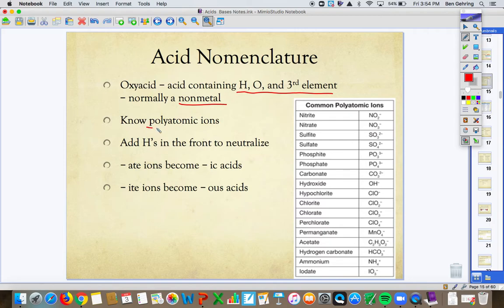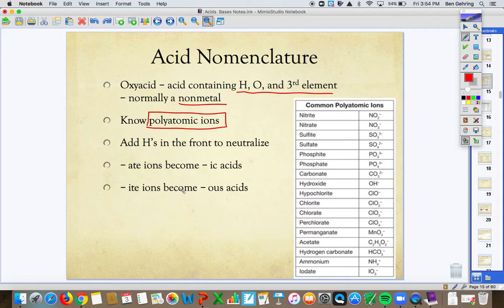This is where your polyatomic ions come in very handy. If you know your polyatomic ions, naming oxyacids won't be a problem. In order to make your polyatomics an acid, we add H's, hydrogens, to the front in order to make it neutral. And then all of your ate ions become ic acids, and all of your ite ions become ous acids. So we'll look at some examples of this.